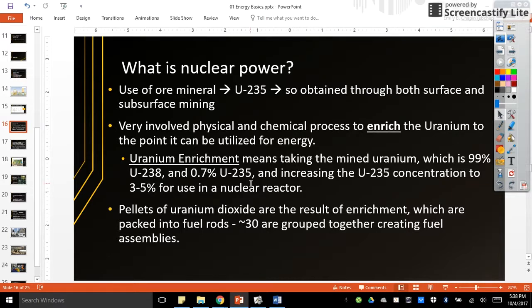In the end, we're looking for uranium dioxide, or UO2, and that is going to be packed into fuel rods. These little pellets are about the size of a pencil eraser, so they're really tiny, but they hold so much energy. And about 30 of those fuel rods are packed together to create a fuel assembly.